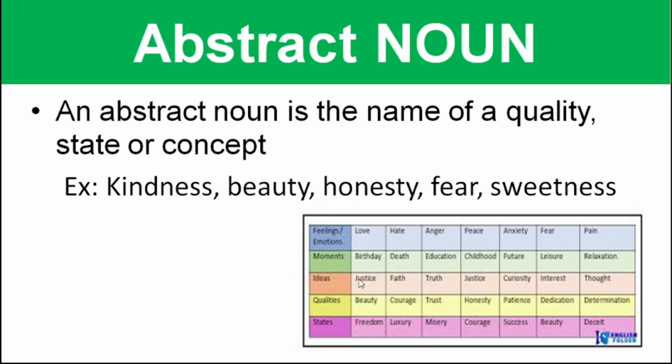For ideas: faith, trust, justice, curiosity, interest, thought. For qualities: beauty, courage, trust, honesty, patience, dedication, determination. States: freedom, luxury, misery, courage, success, right?